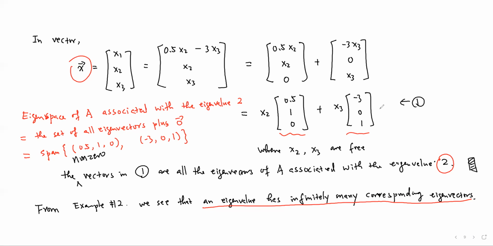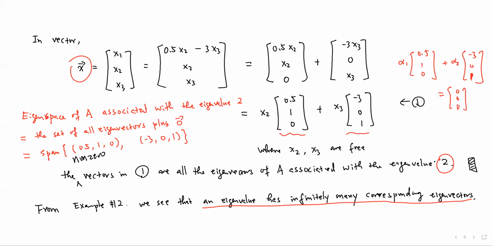How to see this? Go back to the definition and solve this equation. If this equation has only the 0 solution, then these two vectors are linearly independent. It is easy to solve, and we see that there is only the 0 solution.